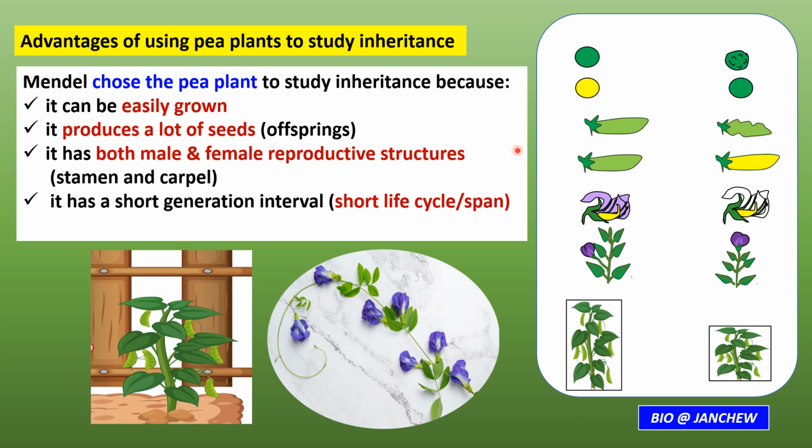So many generations of the pea plants can be grown in a short period of time for Mendel or other scientists to analyze. Finally, pea plants possess contrasting traits that are obvious and easy to identify. For example, the color of the pea pod is green or yellow. So these are very contrasting traits.